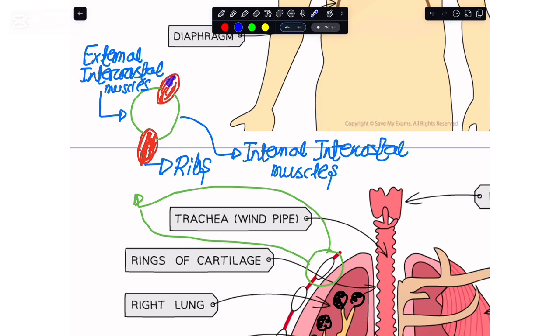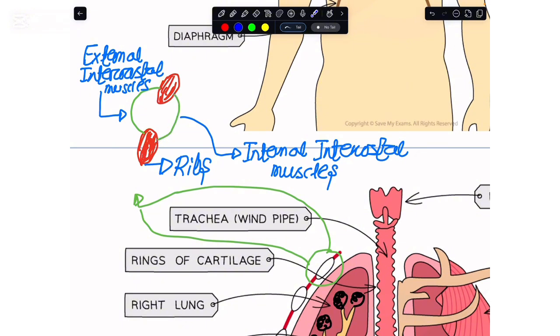You see that these parts are the ribs. Between the ribs, the examiner would show you a band of muscle here and a band of muscle here. You have to say that these are the external intercostal muscles, and here we have the internal intercostal muscles.